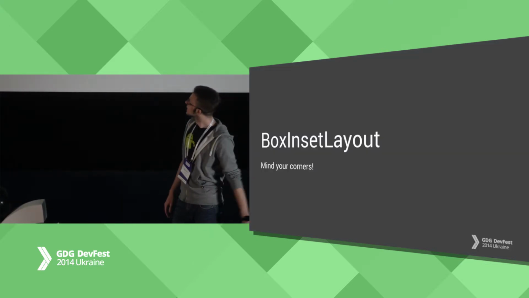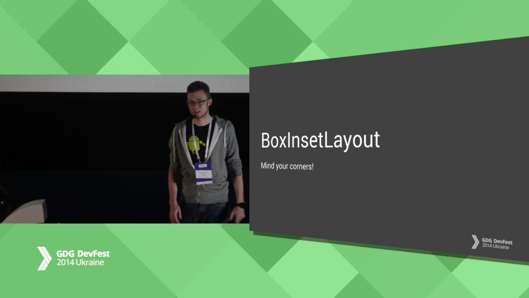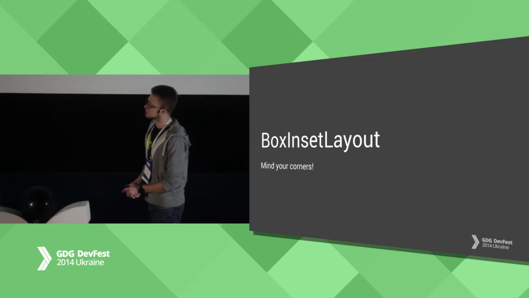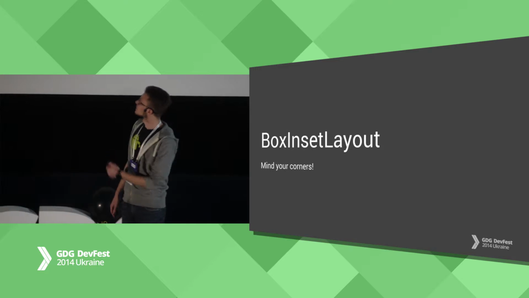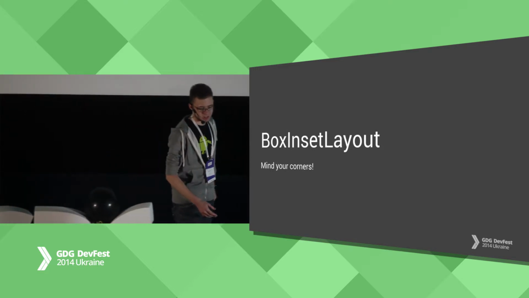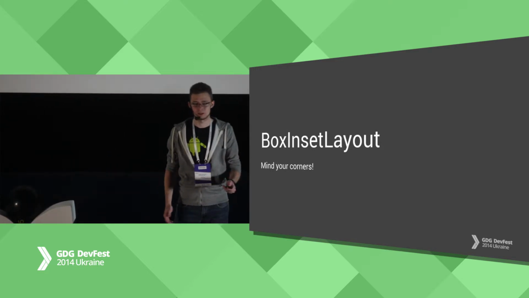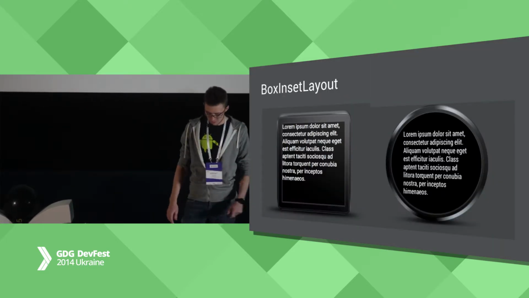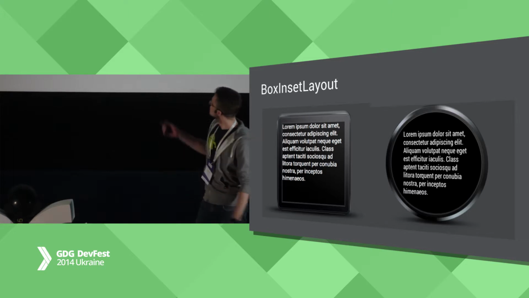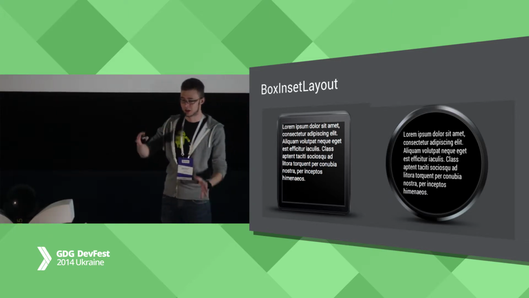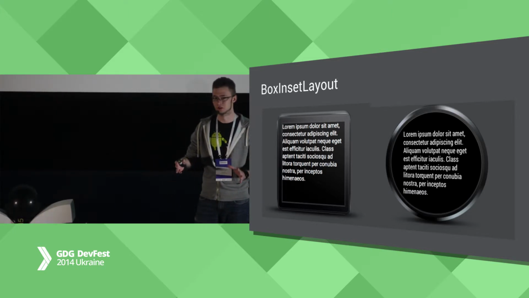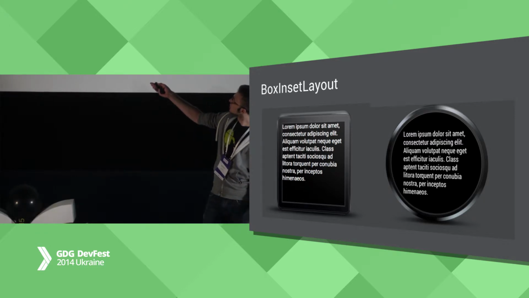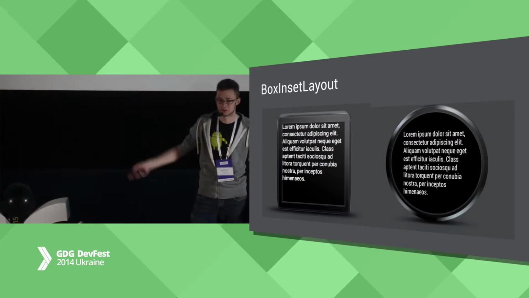So the second one that solves the same problem is the BoxInsetLayout. I think it's even easier than the previous one, because if we have some content in our layout, it will scale to the edges of the screen.